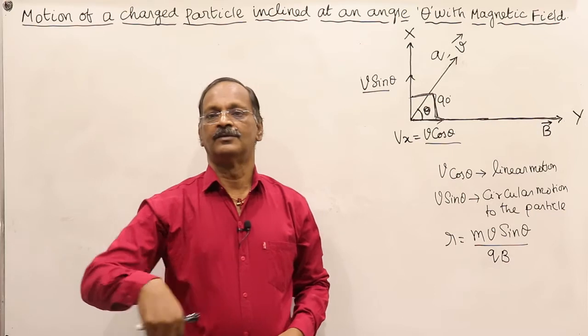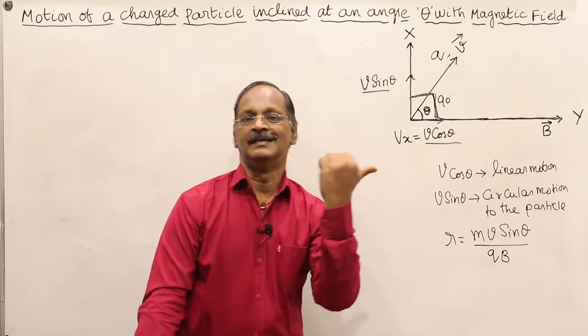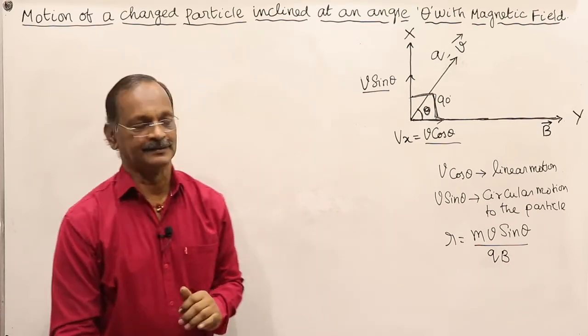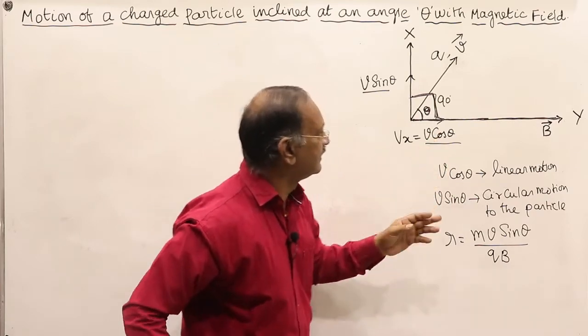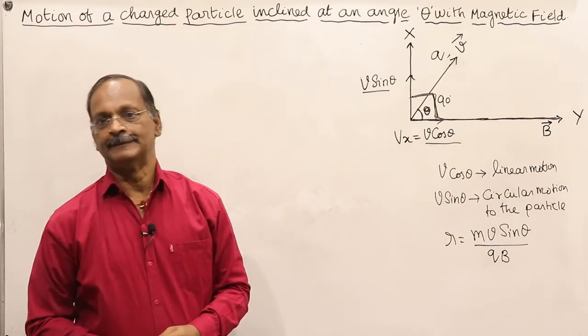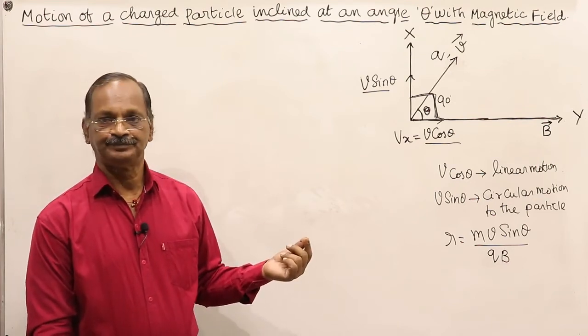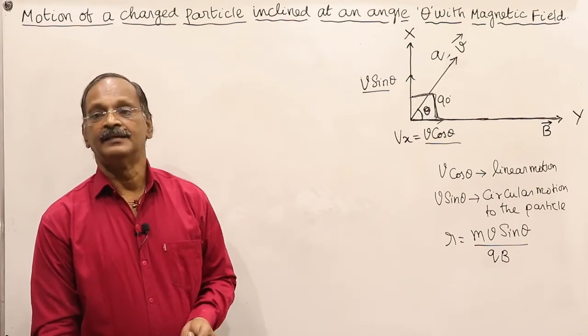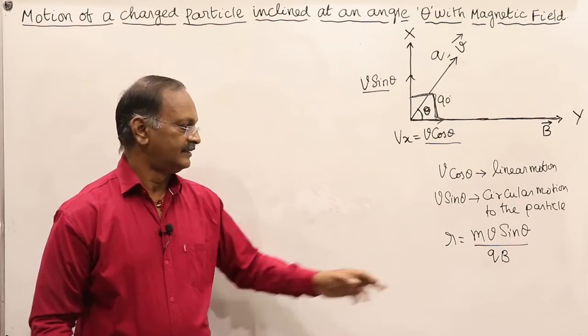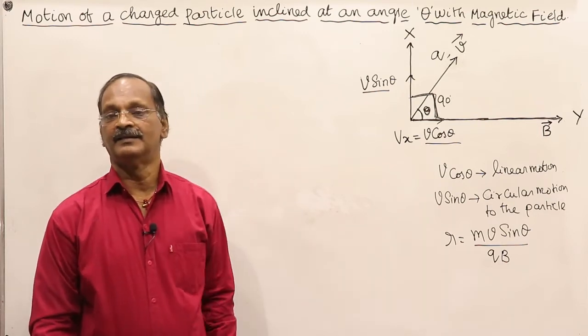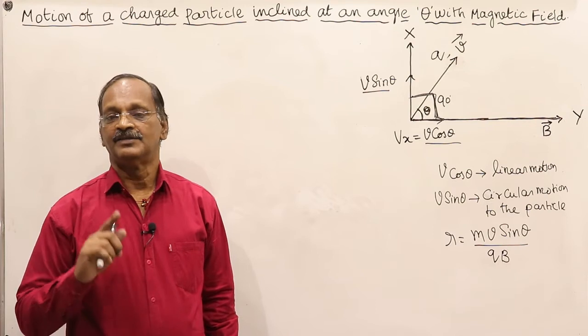The particle undergoes circular motion as well as linear motion in this direction, because the velocity v cos theta is acting in this direction. And we have found r is equal to m v sin theta by qB, where r is the radius of the circular path of the charged particle.